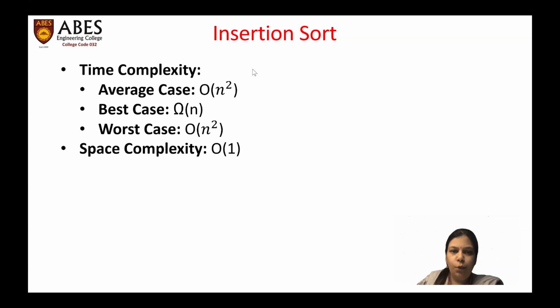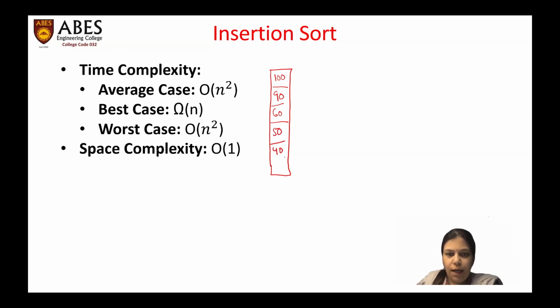And in order to do so, let us consider an array in descending order. Let us just take the similar elements, but in descending order. So suppose we have 100, 90, 60, 50, 40, and 30.